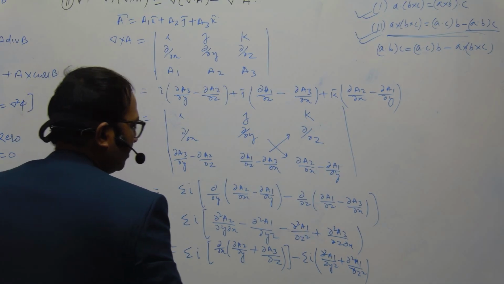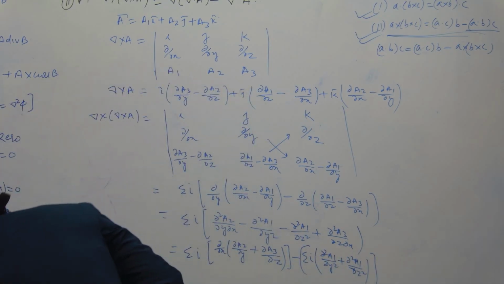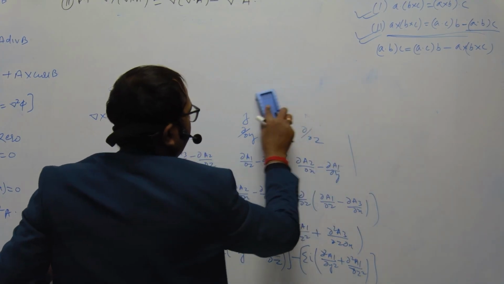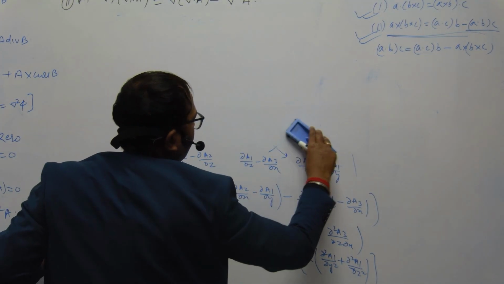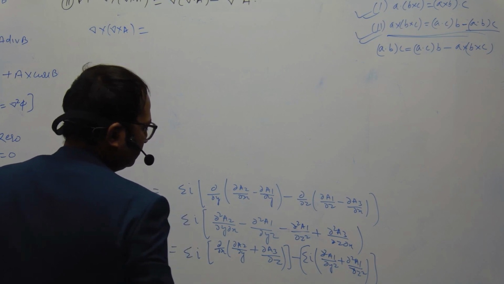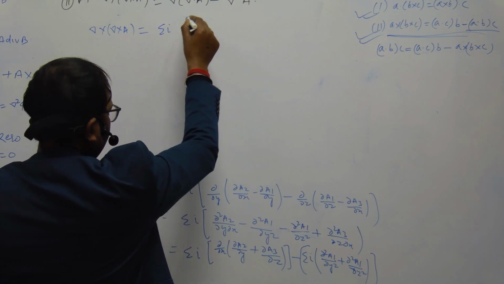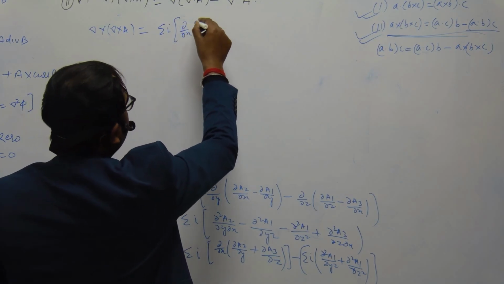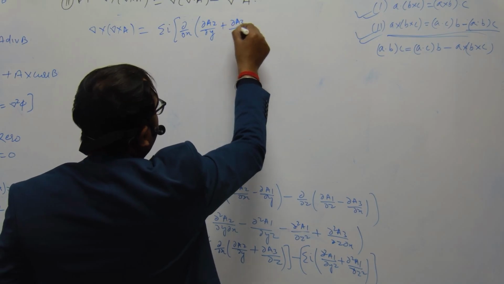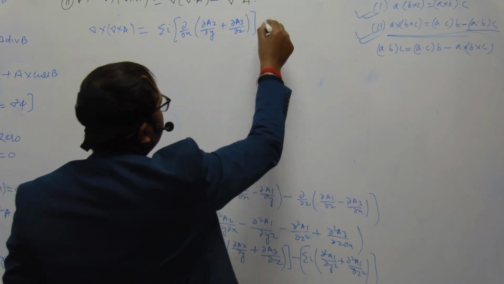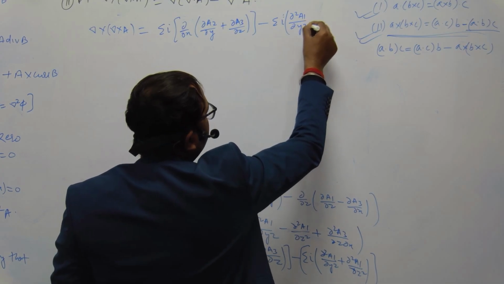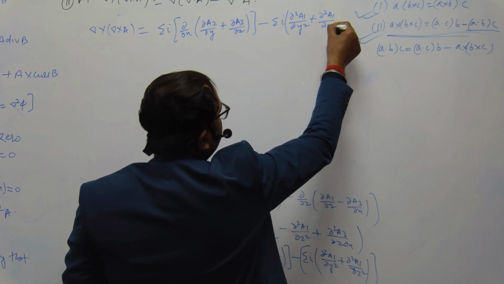Okay, let us further simplify this. So we have this as summation i, del upon del x of del a2 upon del y plus del a3 upon del z, minus summation i, del 2 a1 upon del y square plus del 2 a1 upon del z square.